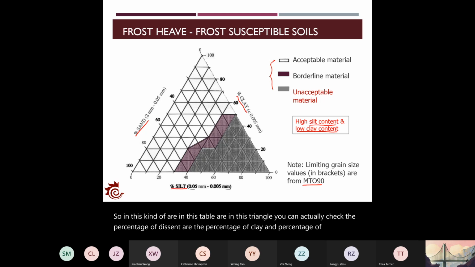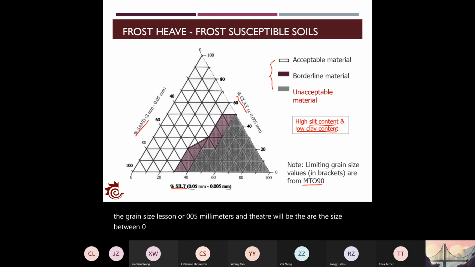Sand represents the grain size between 2 and 0.05 millimeters. Clay will be the grain size less than 0.005 millimeters, and the silt will be the size between 0.05 and 0.005 millimeters.